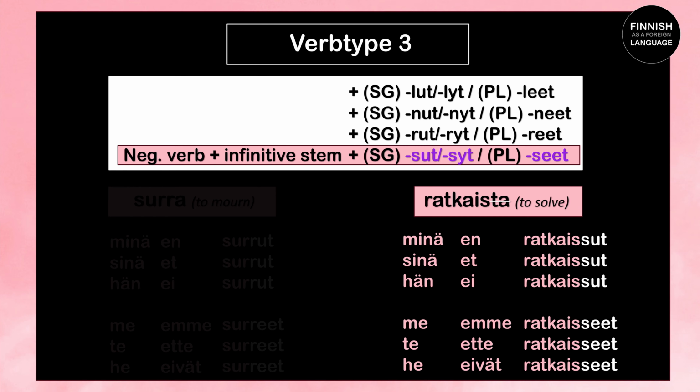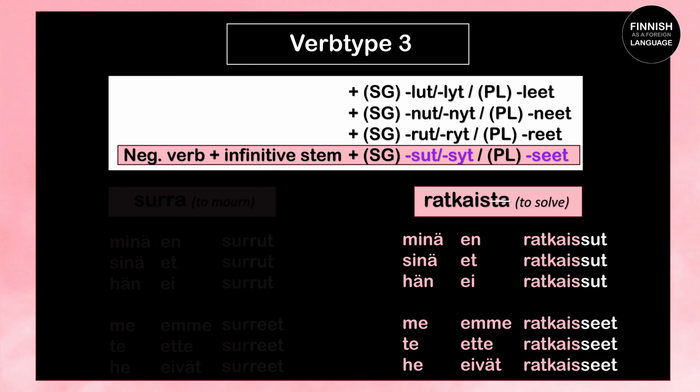And hän ei ratkaissut. He or she didn't solve. And the plural forms. Me emme ratkaisseet. We didn't solve. Te ette ratkaisseet. You didn't solve. And he eivät ratkaisseet. They didn't solve. So for the singular forms here we use the sut ending, and for the plural forms the set ending.